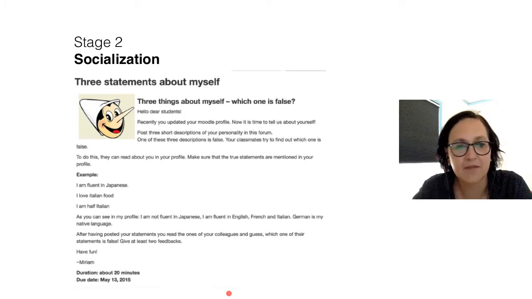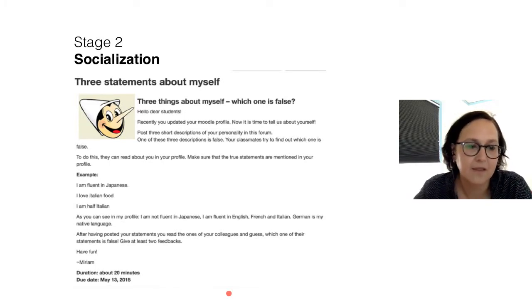I think this is a very common exercise. I saw this also in other Moodles, and I was surprised that they have exactly the same idea. The idea is that people go to the profile and look at their peers, what they did, what interests them, who they are, what backgrounds they have, etc.